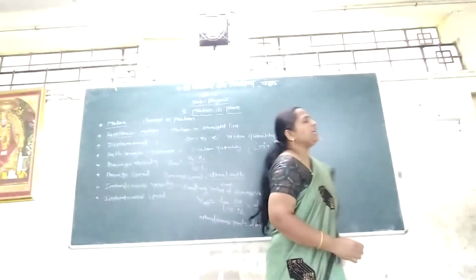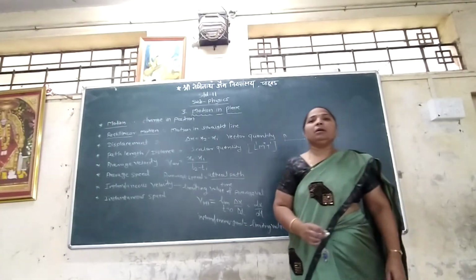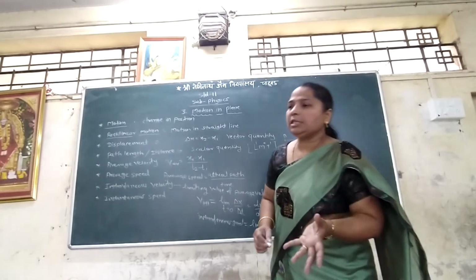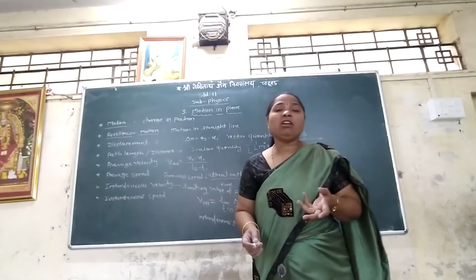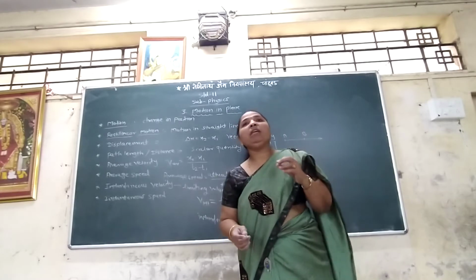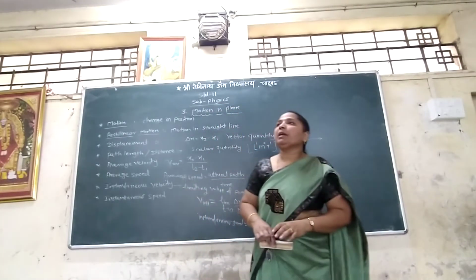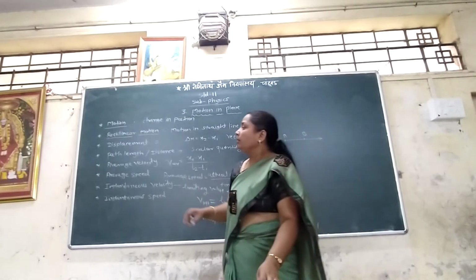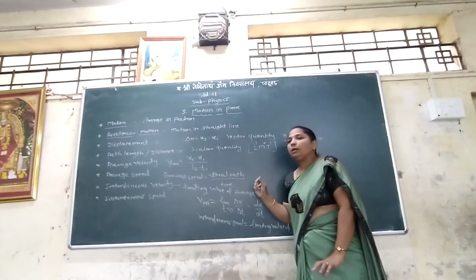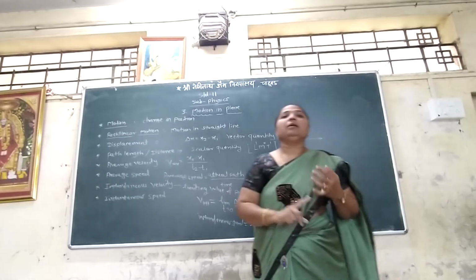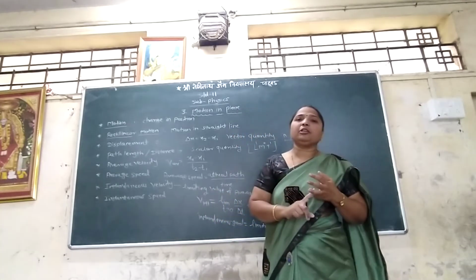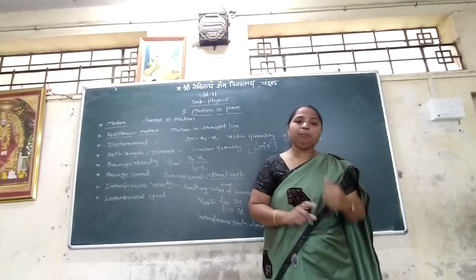Now the graphical representation of instantaneous speed and velocity. One example can be taken of an object moving with uniform velocity or uniform acceleration, and its velocity and acceleration are shown graphically.